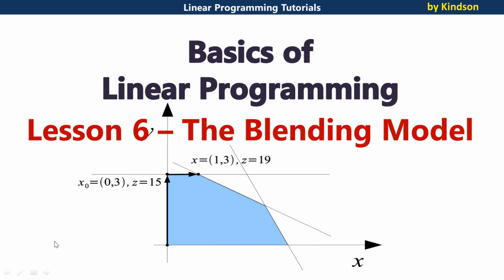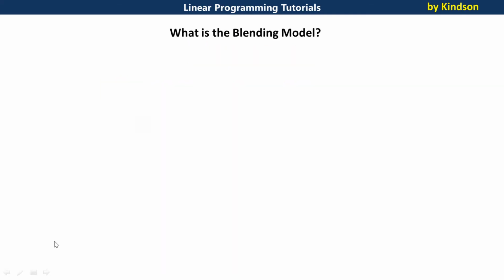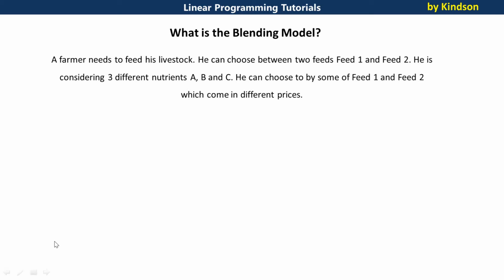All right, let's see what the blending model is all about. So the blending model has to do with a farmer that has livestock and needs to feed the livestock. He can choose between one of two feeds, feed 1 and feed 2.